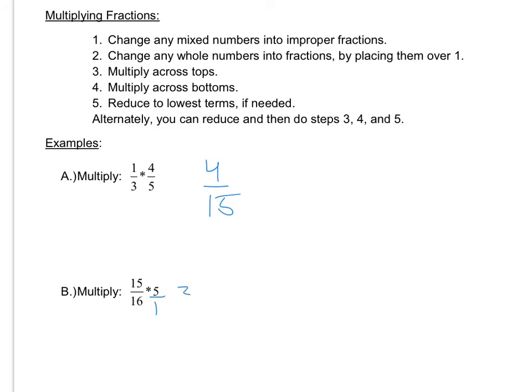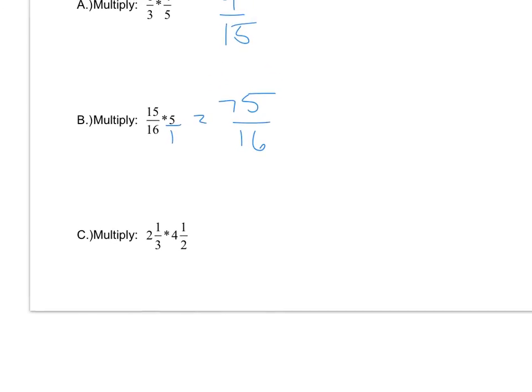So 75 over 16. Here, change it to improper first, so you get 7/3 times 9/2. Simplify first, so 1 and 3, so 21 over 2.